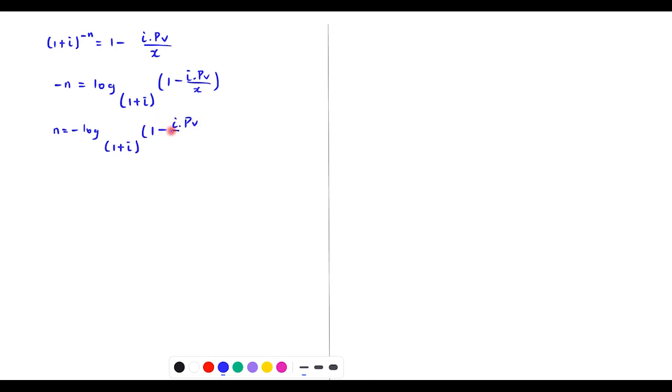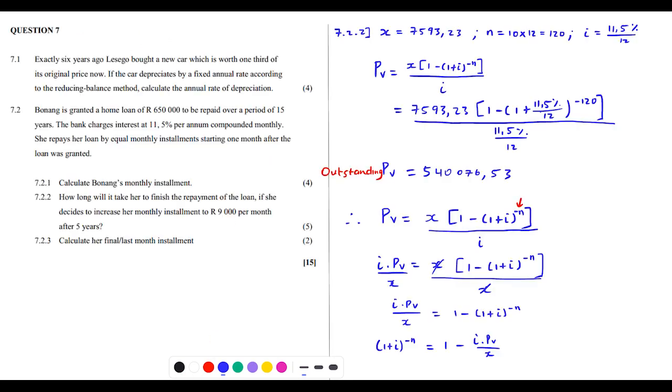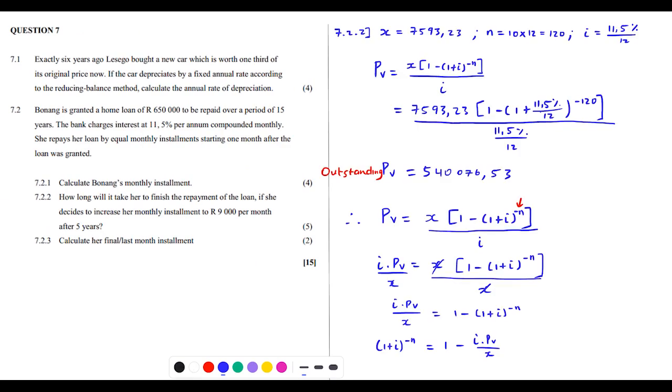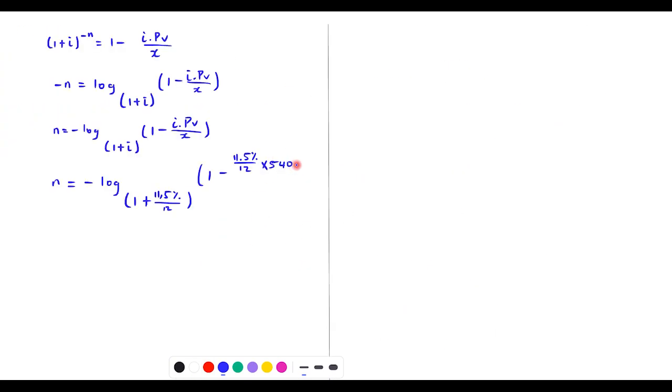Alright, now from here, what do I substitute? By substituting, it's going to be 1 plus 11.5% over 12, into 1 minus 11.5% over 12 multiplied by 540,076.53.